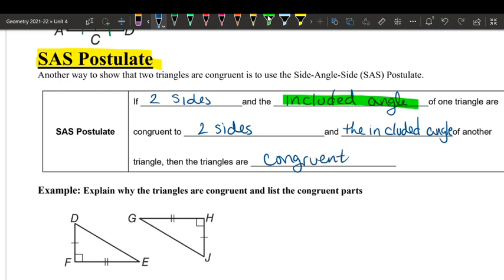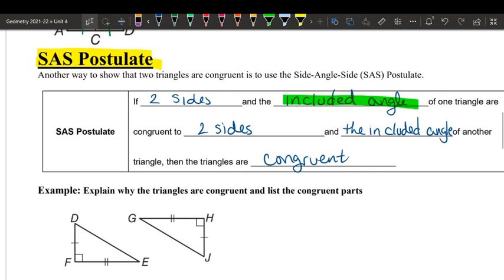So you have to have 2 sides and the angle in between those 2 sides. So not just any angle in the triangle marked as congruent, but the specific one right there in between. So you can tell by looking at the abbreviation SAS, the A is touching both S's. So side, angle, side. The angle is touching both of the sides. So it has to be in the middle.